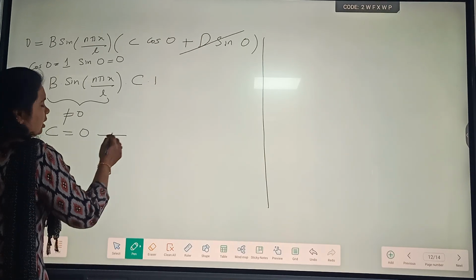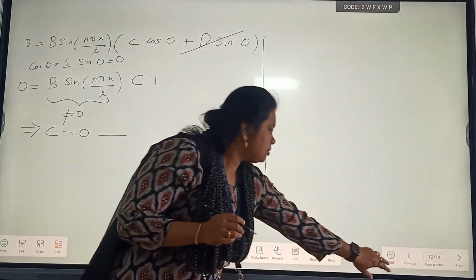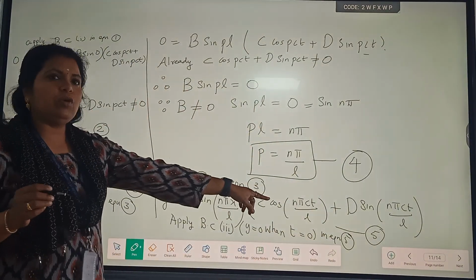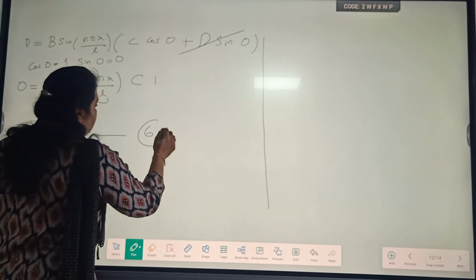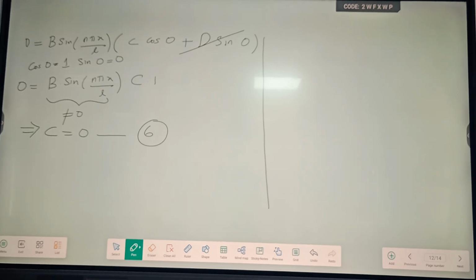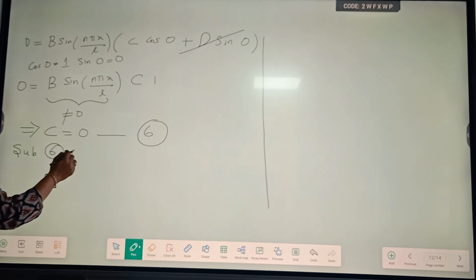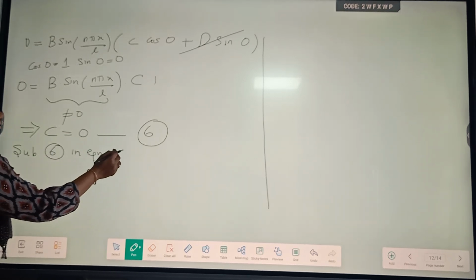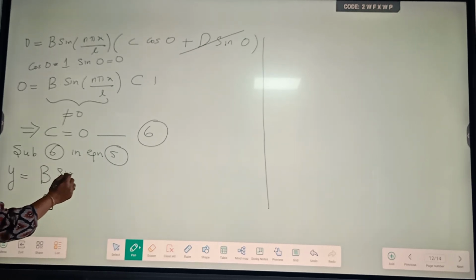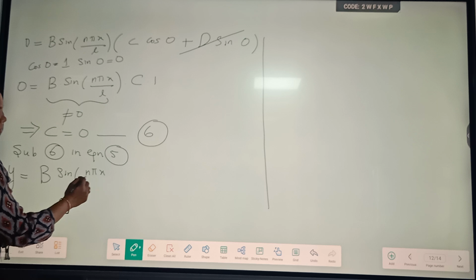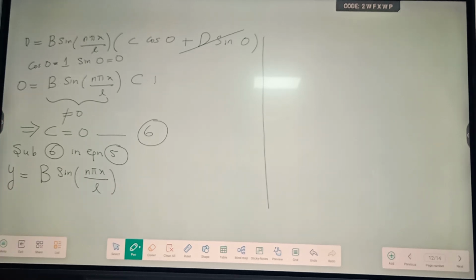Take it as equation number 6. Previously we wrote equation number 5, now my equation number is 6. Substitute 6 in 5. So what will I get? y is equal to B sin n pi x by l.